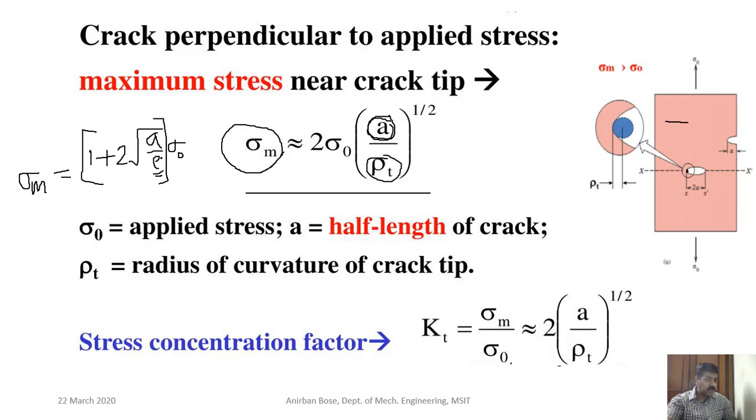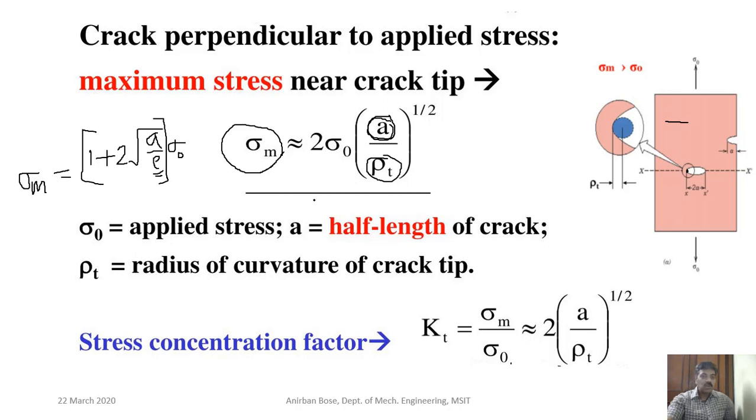If this is very small and this is large, then this quantity will be very high. So with respect to this quantity, the 1 can be ignored, and the expression is written like this.